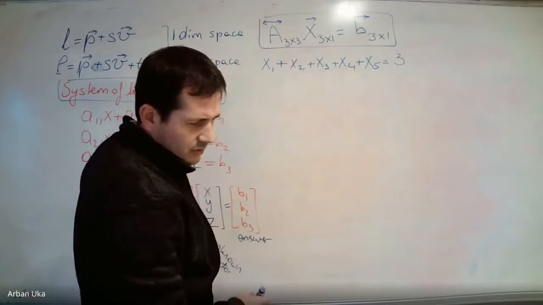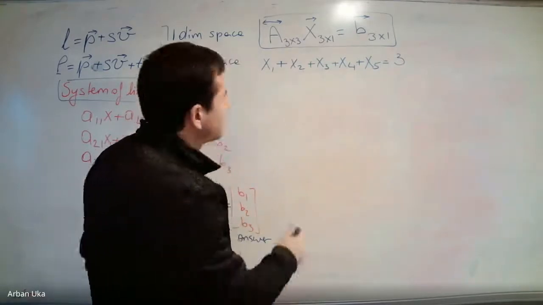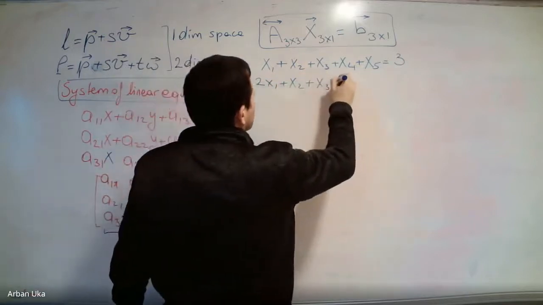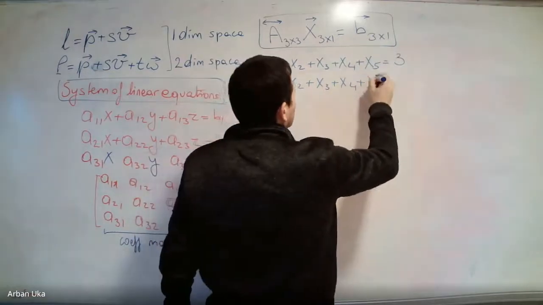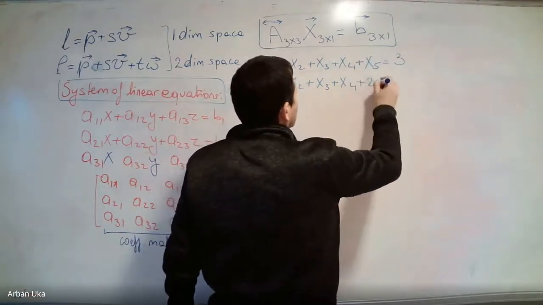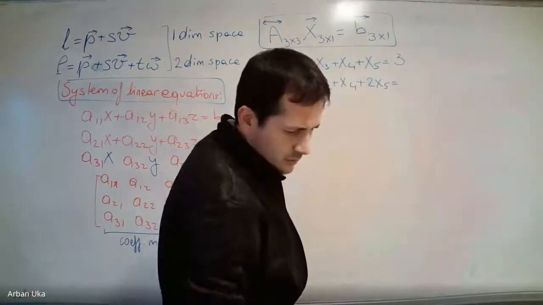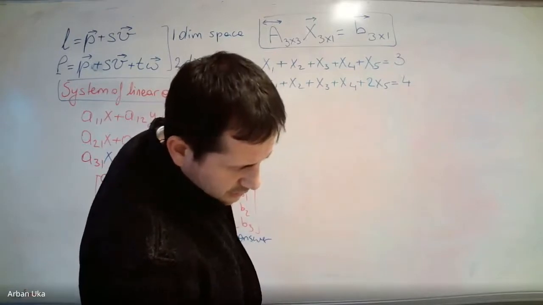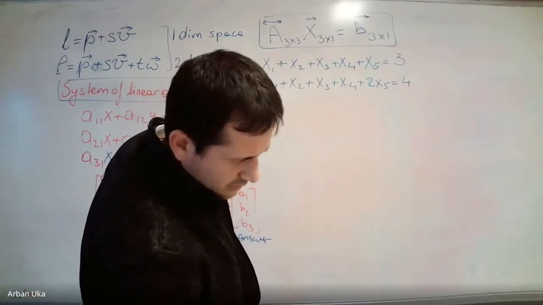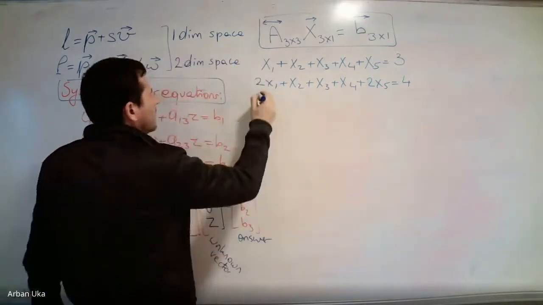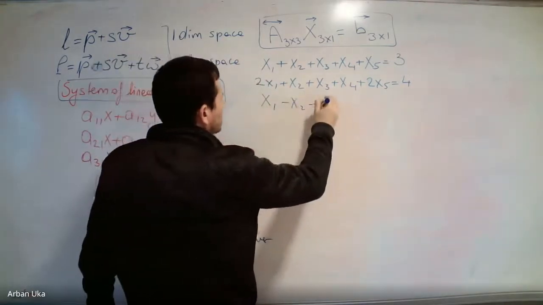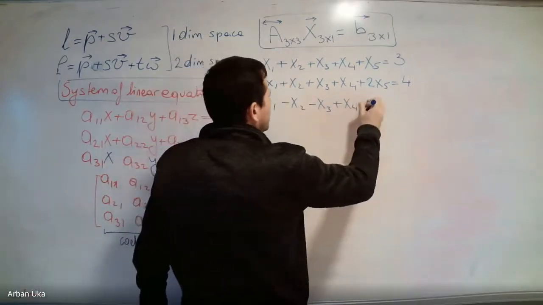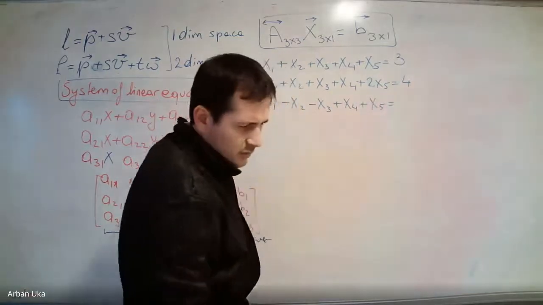Then we can have 2, 1, 1, 1, 2: 2x1 plus x2 plus x3 plus x4 plus 2x5 equal to 4. Then we have 1, minus 1, minus 1, 1, 1: x1 minus x2 minus x3 plus x4 plus x5, equal to 5.